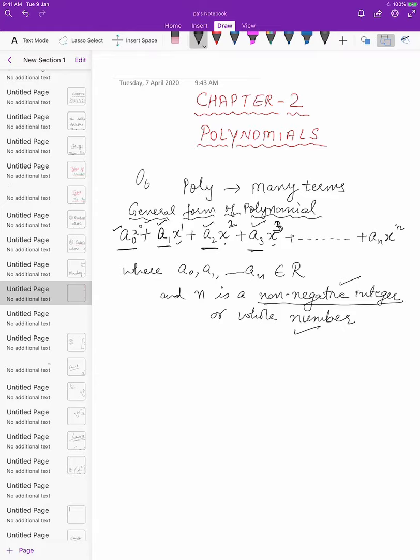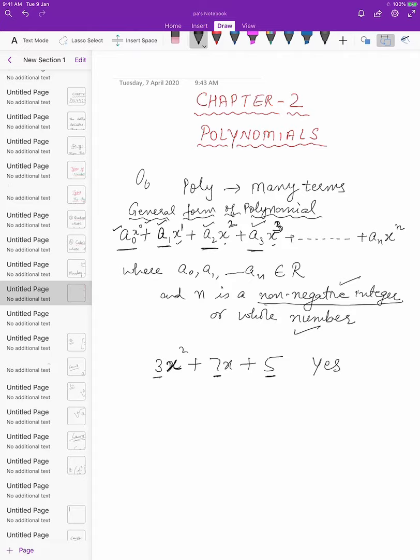Now suppose I ask you, 3x square plus 7x plus 5, is it a polynomial? Our answer should be yes. Why? Because first of all, we look at all the coefficients. These coefficients are all real numbers, no problem. Now look at the power of the variable. Where is the variable here? x is the variable.